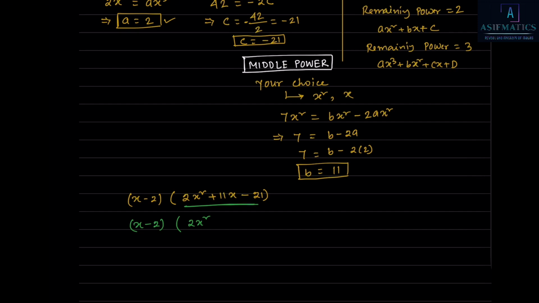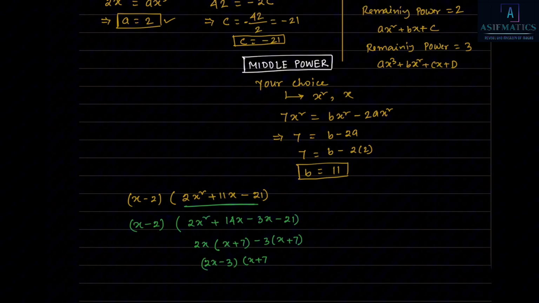So we can write here plus 14x minus 3x minus 21, or if we take 2x common, we get x plus 7, minus 3, so it will be x plus 7. So this will be 2x minus 3 and x plus 7.